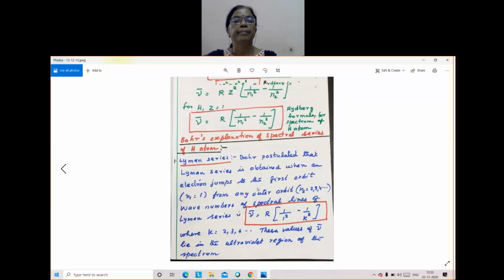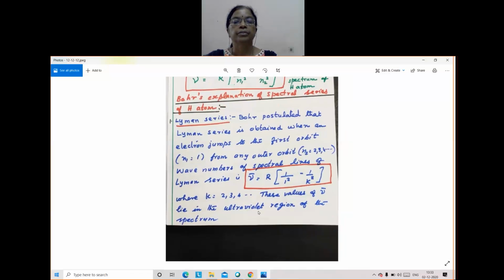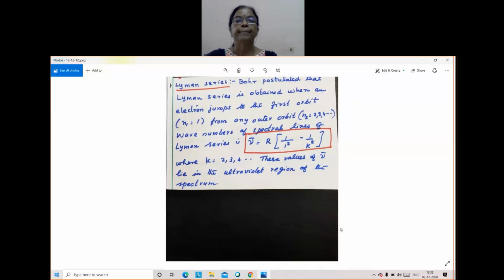Lyman series. So this is the formula. Nu bar, wave number, equal to R into 1 by ground state, n equal to 1, so 1 square minus 1 by k square. What is k? K is other than 1. All other levels other than 1. What is other than 1? 2, 3, 4, etc. K equal to 2, 3, 4, etc. So we get a series of spectral lines corresponding to each transition.